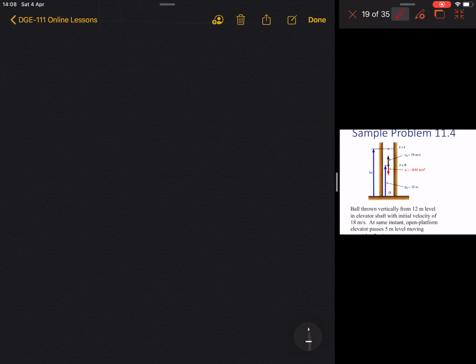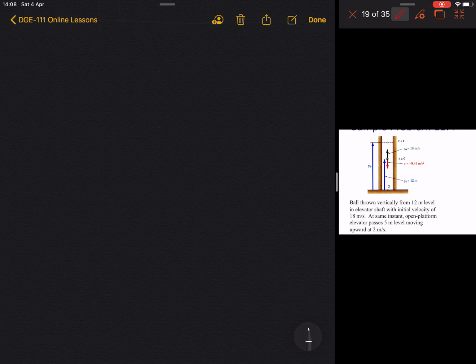We have a ball thrown vertically from the 12 meter level in the elevator shaft with an initial velocity of 18. At the same instant, an open platform elevator passes the 5 meter level moving upward at 2 meters per second.